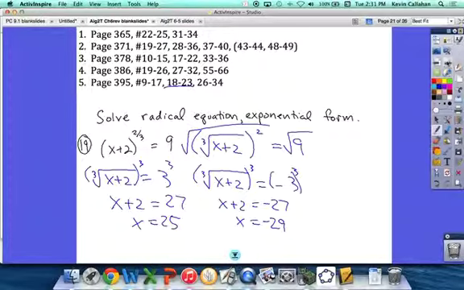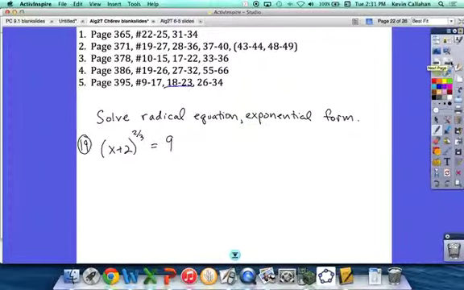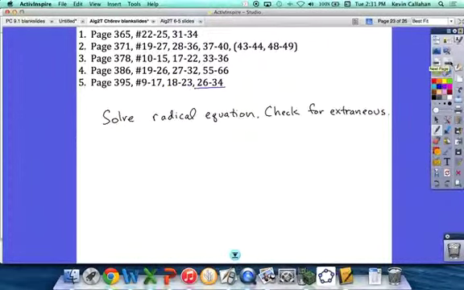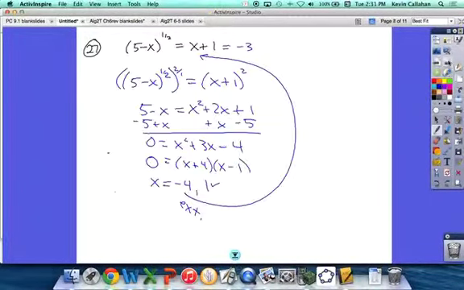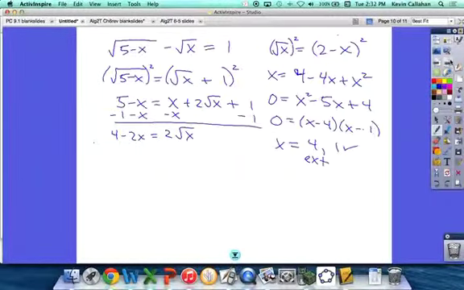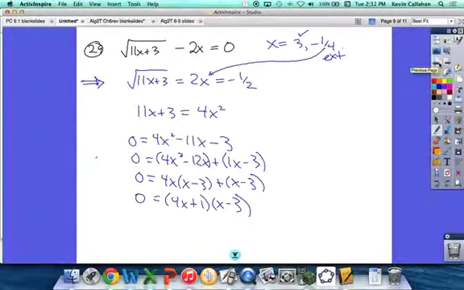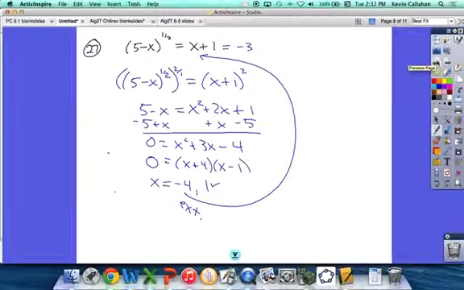And the last, solve where you have to check for extraneous solutions. And I think we did that one already a couple times in the homework. That would have been like that one or that one. So just do everything the same.